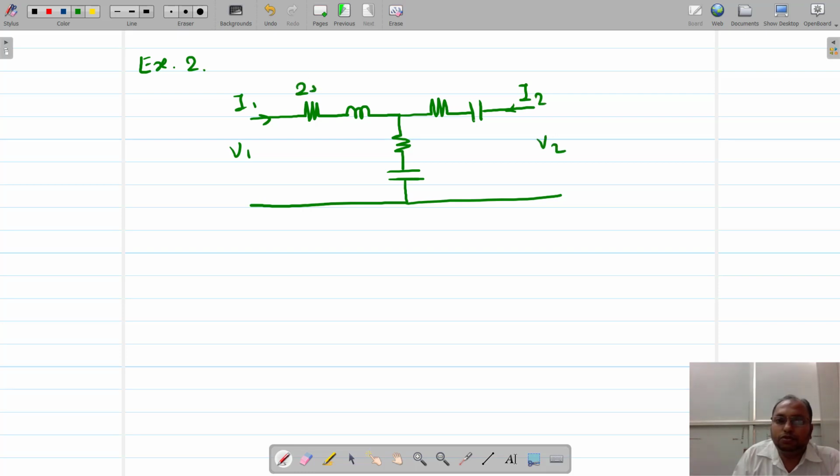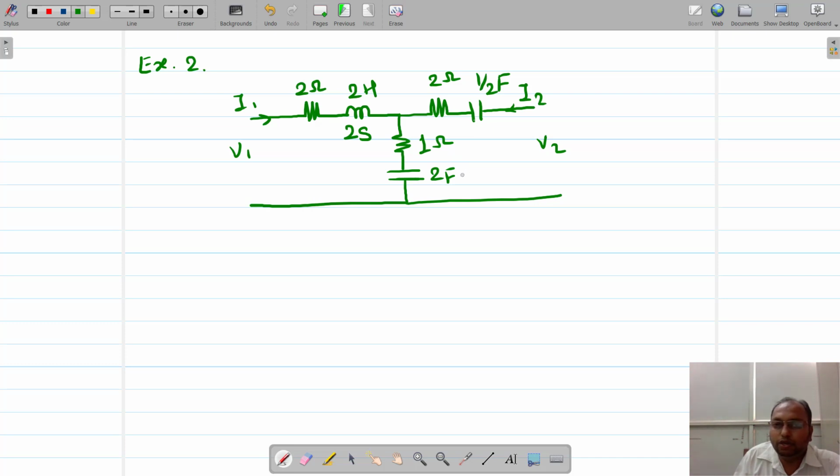Let us say this is 2 ohm, let us say this is 2 Henry, let us say 1 ohm, and let us say 2 farads. Okay, 2 ohm, and let us say half farad. Is that fine? Okay, so first we need to replace the values. This 2 will be as it is, this 2 Henry is going to become twice S. 1 ohm as it is.